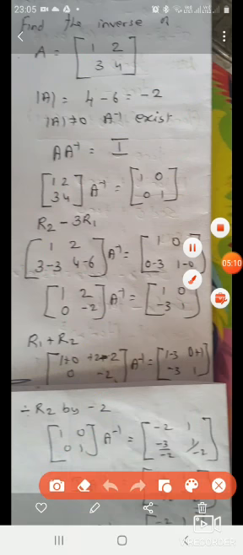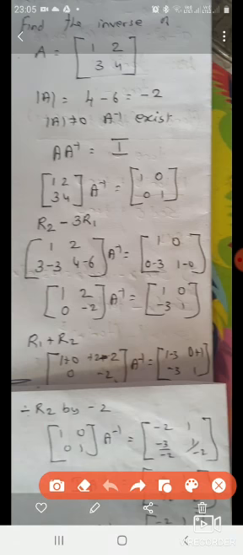Here A11 is 1, A12 is 2, A21 is 3, A22 is 4. I want the diagonal values to be 1 and these two values should go to 0.